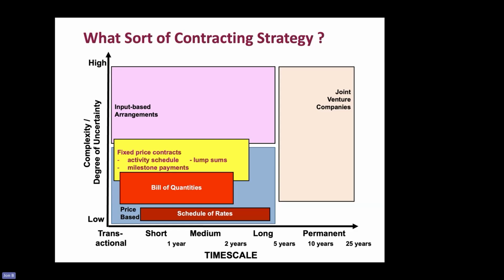But again, what happens in that case, the client loses all insight into the prices for all the other ones which aren't included in the activity schedule, because the contractor doesn't want to not be paid for them. Okay, I hope I've explained that clearly.